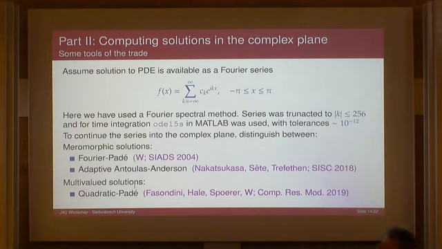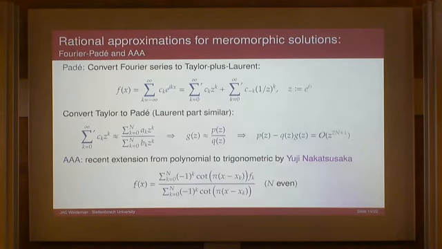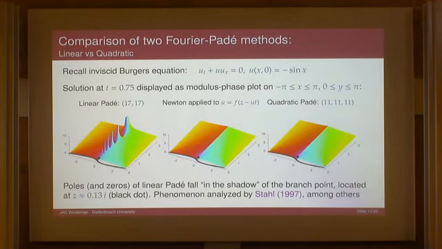Maybe I can show you just very briefly one picture. This is back to our inviscid Burgers equation where there's a branch point singularity. This middle picture is what the Newton iteration that I described right in the beginning gives. The branch point coming in along the imaginary axis.